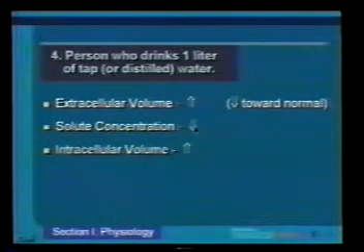Therefore body osmolarity decreases, and you should immediately go to the third variable and you can conclude if the salt concentration goes down, cells swell. Therefore, water flows from the extracellular compartment to the intracellular compartment, and therefore the extracellular volume decreases towards normal. But again, compensation is not complete, and the volume of the extracellular compartment will still be above normal.